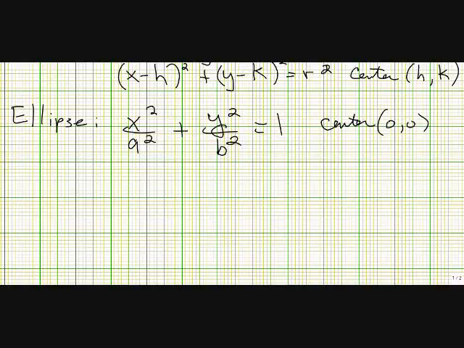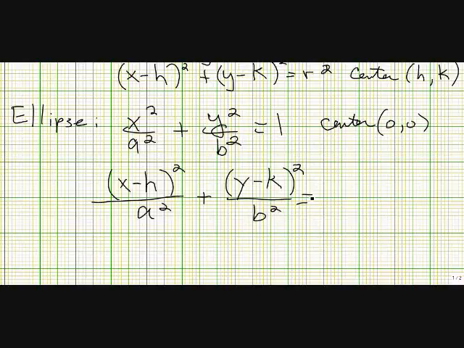And if we want to move the center somewhere in the xy plane, we go x minus h squared over a squared plus y minus k squared over b squared equals 1, which gives us the center at h, k.